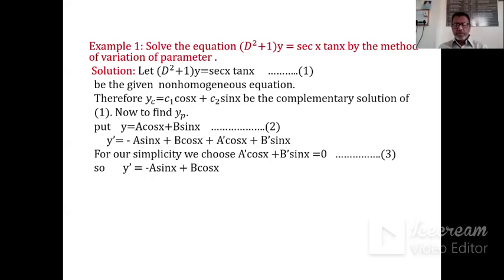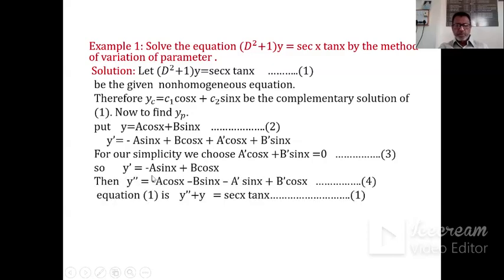Now for our simplicity, we choose A dash cos x plus B dash sin x is equal to 0. Therefore, the above equation becomes y dash is equal to minus A sin x plus B cos x.